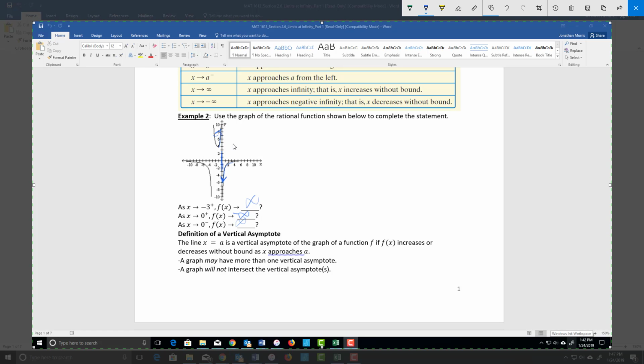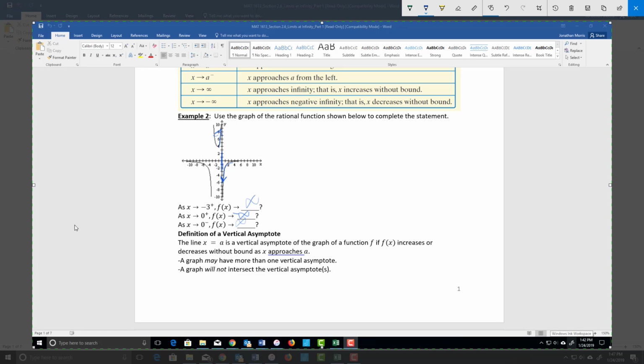So we are seeing basically vertical asymptotes right here, and in the definition of a vertical asymptote, the line x equals a is a vertical asymptote of a function if f of x increases or decreases without bound as x approaches a. And without bound, that basically means that it's going to infinity.